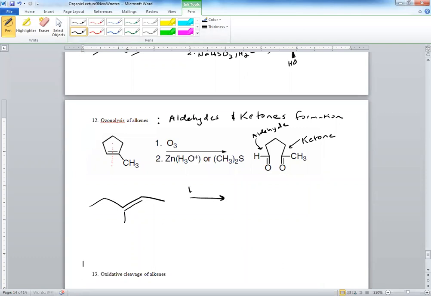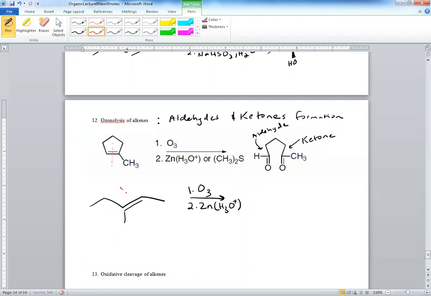So if I treat this with ozone, again, either the zinc and the acid, or the sulfide here, here's what you do.